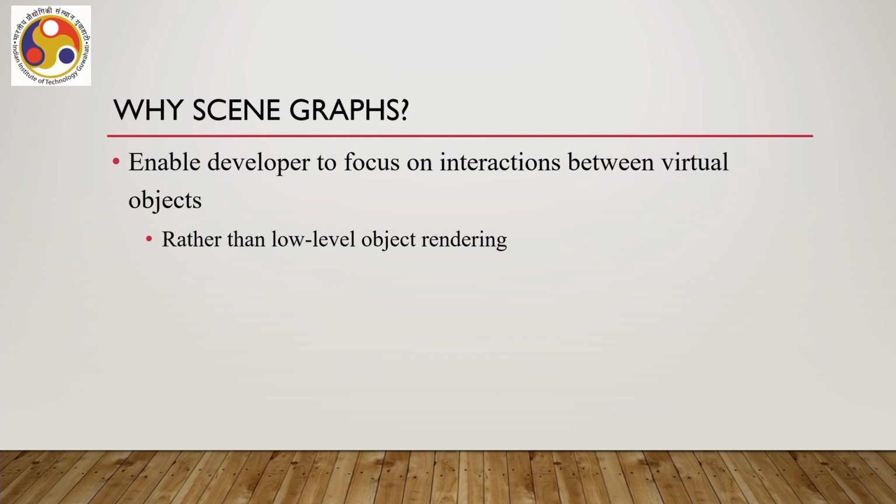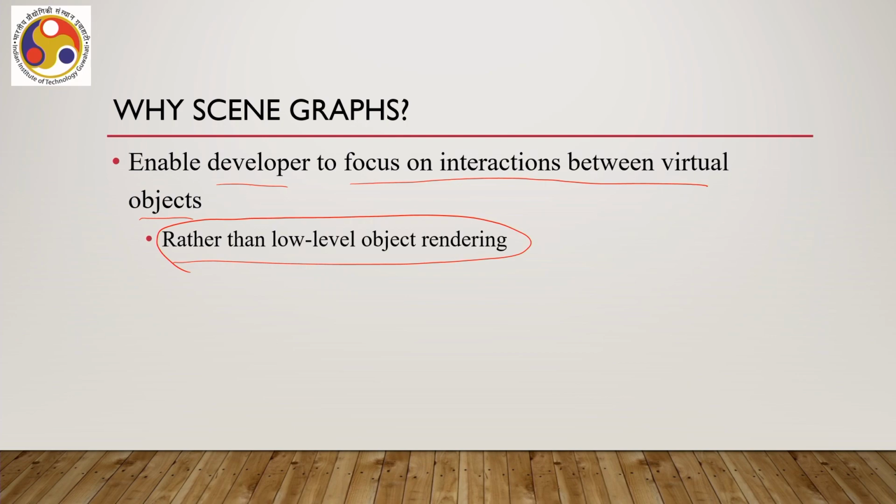So, in a sense, if we summarize, if we are taking help of a scene graph library, then that can enable the developer to focus on interactions between virtual objects rather than low level object rendering. So, earlier with only AR toolkit, focus was on tracking.